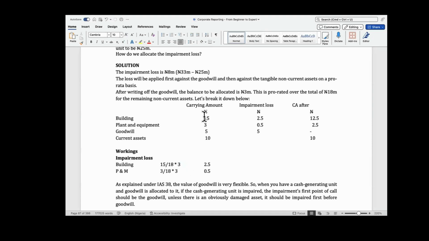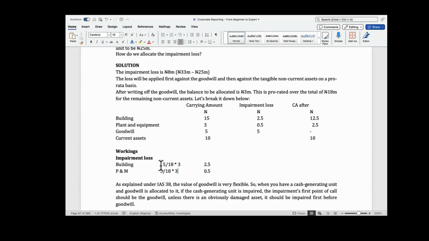So I will just do 15 over the sum of these two, which is 15 plus 3. That's how I did 15 over 18 times 3 million. Then for the plant and machinery, I will do 3 over 18 times 3 million. It's like I'm using their values proportionately to share the remaining impairment loss.